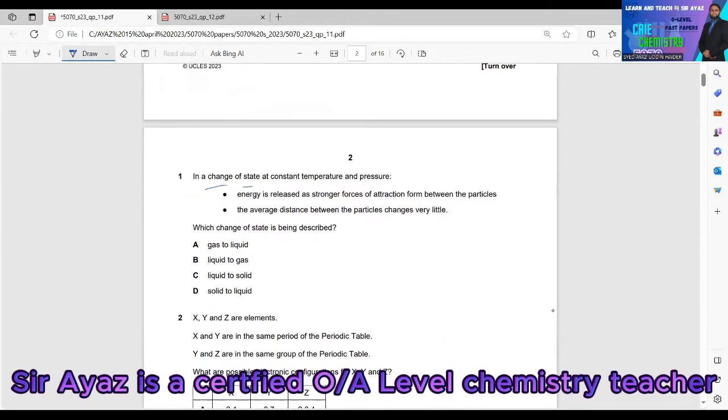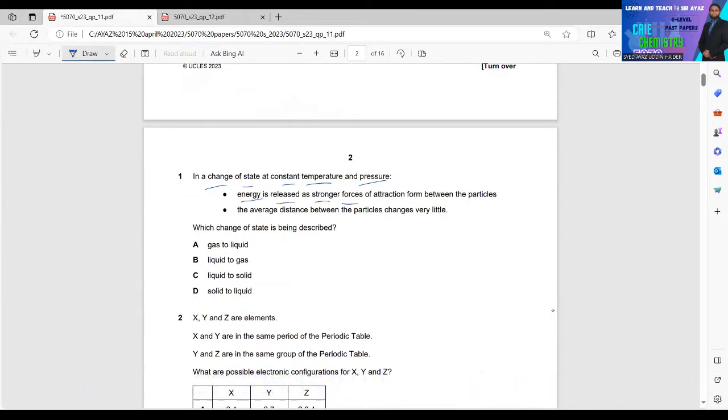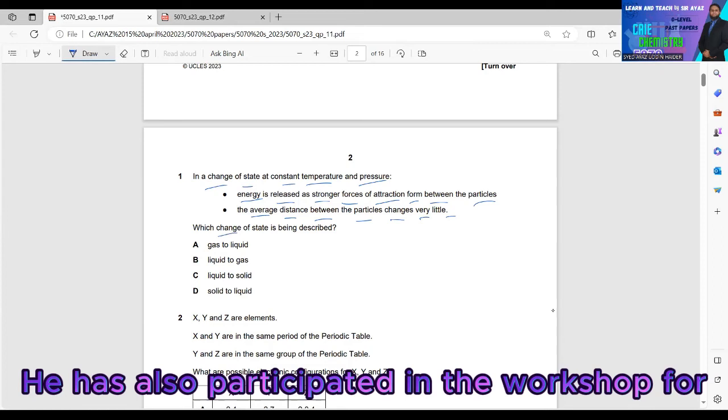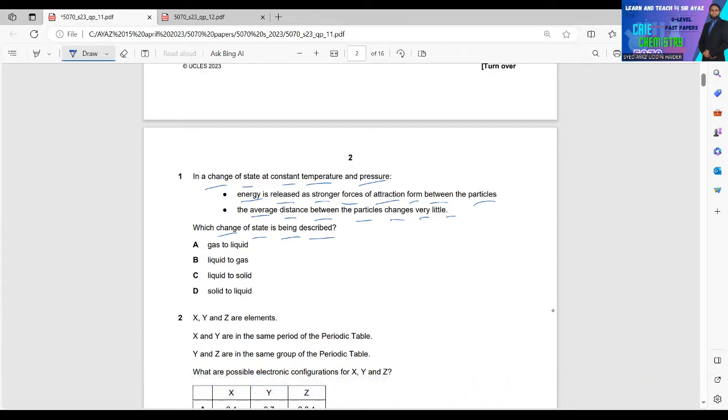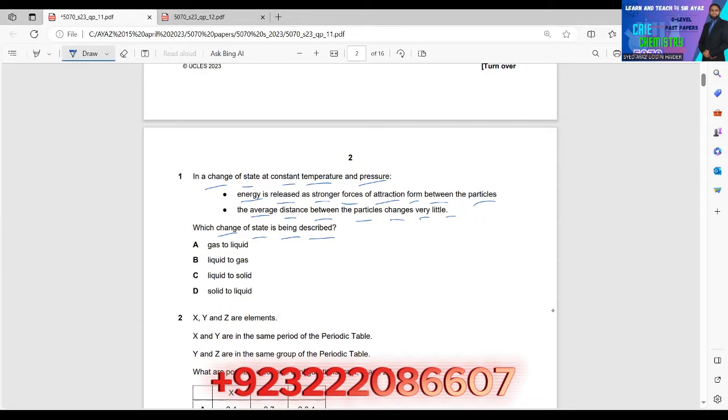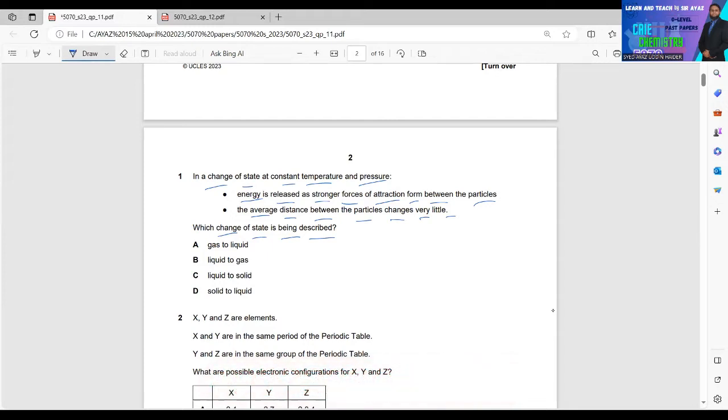In a change of state at constant temperature and pressure, energy is released as stronger forces of attraction form between the particles. The average distance between the particles changes very little. Which change of state is being described? If you read the statement, they are saying that stronger forces of attraction form. So you know that in the gas state, there isn't any strong force, but in liquid and solid, there are stronger forces as compared to gas.